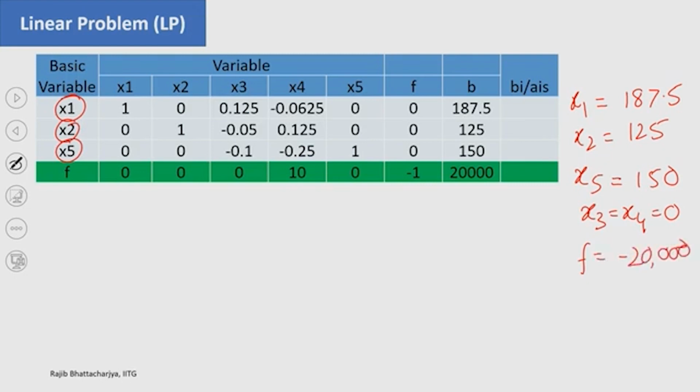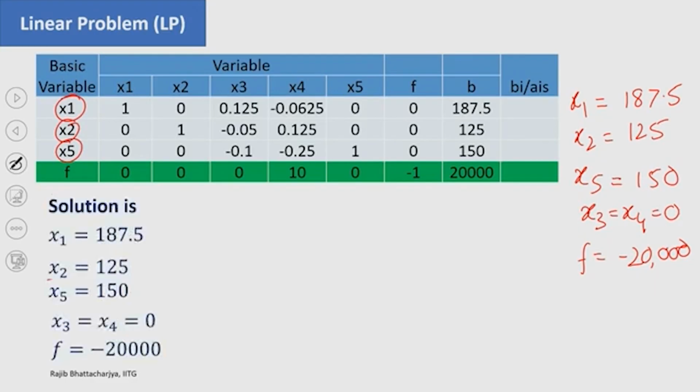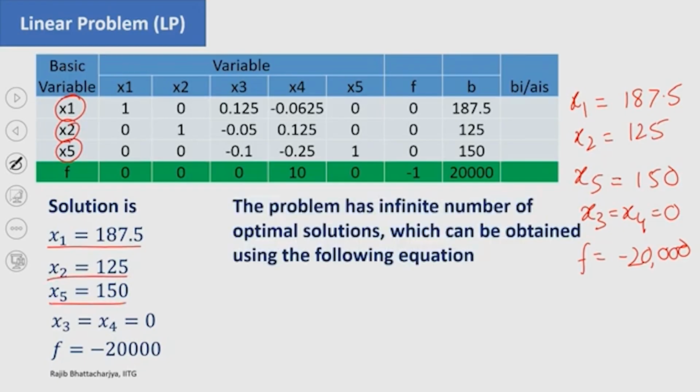Okay. So, there is no improvement in the objective function value. So, I am getting the same objective value, but this is an alternate solution. So, what you are getting? x1 equal to 187.5, x2 equal to 125, x5 equal to 150, then x3 and x4 equal to 0 and objective function value is minus 20,000.